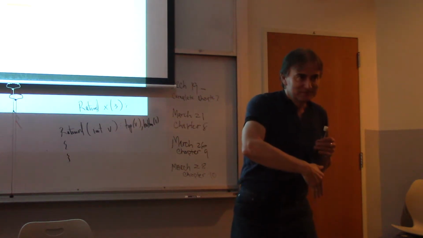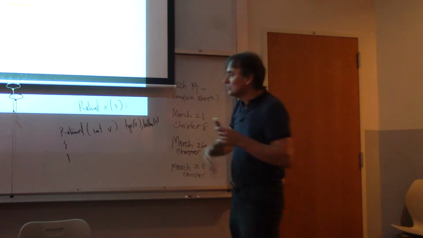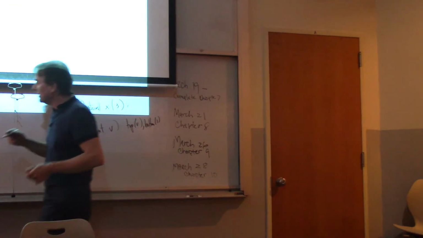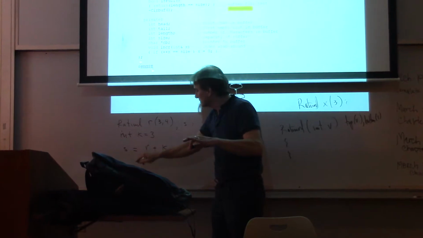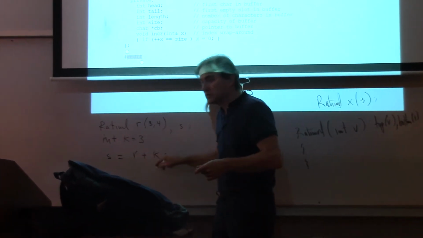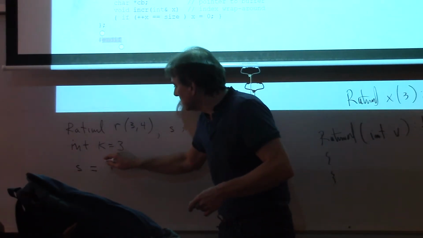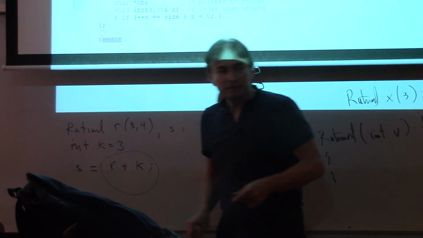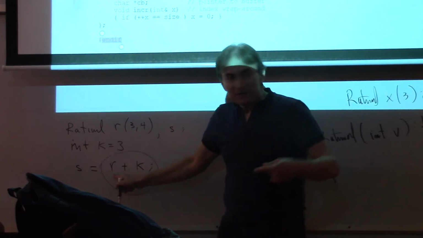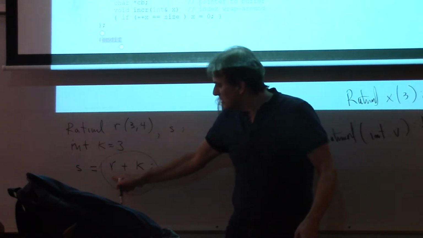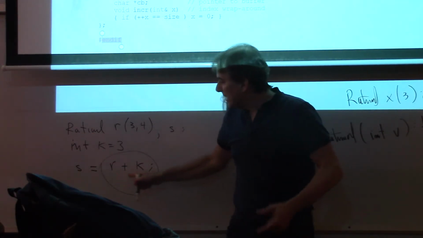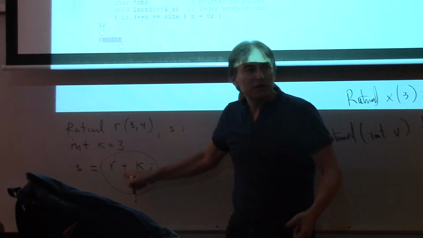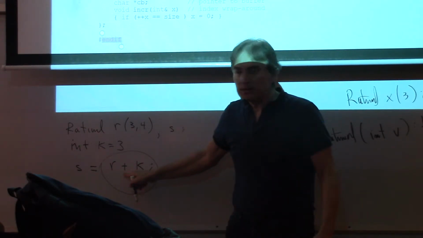How to build a rational out of an int is equivalent to how to convert the int into a rational. Right? So therefore, when the compiler sees this, and of course I'm not going to bother doing the parse tree, but you understand that's a very simple parse tree. When the compiler looks at this code, it says, I have a rational plus an int. And it looks for an overloaded plus operator that takes an int.